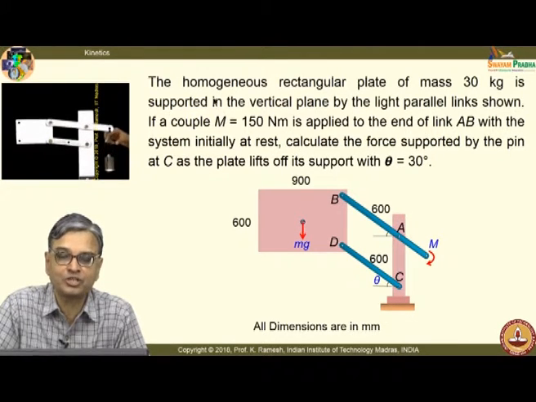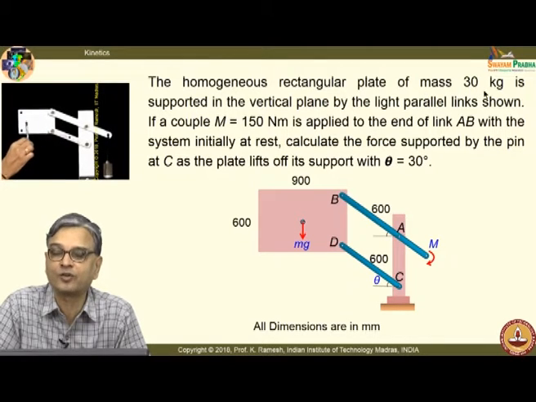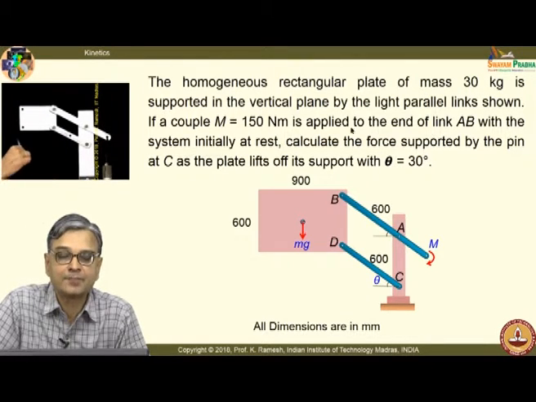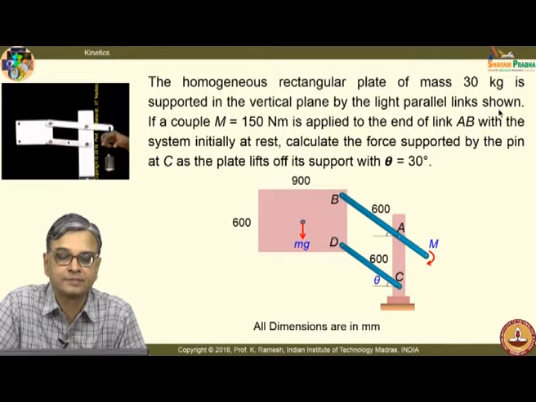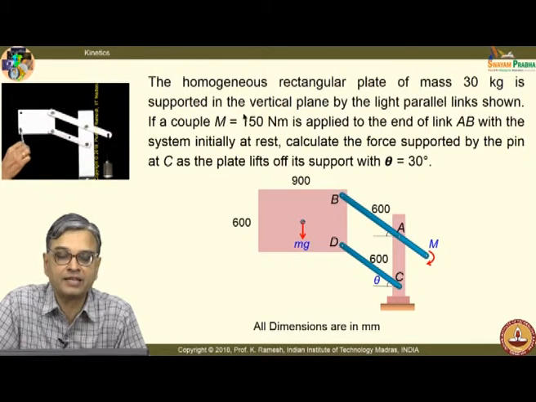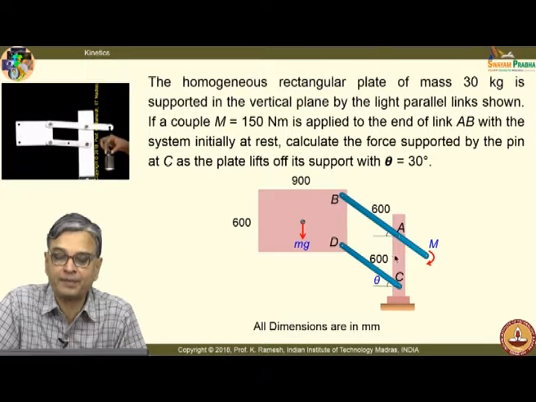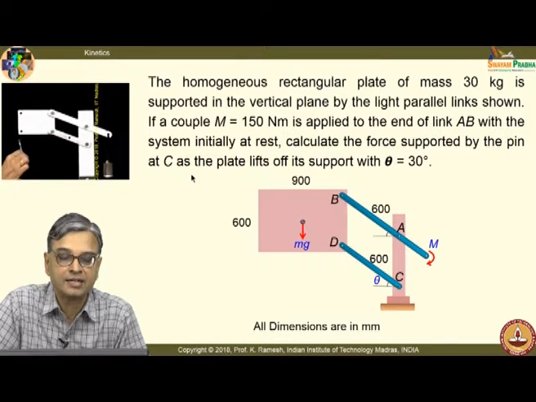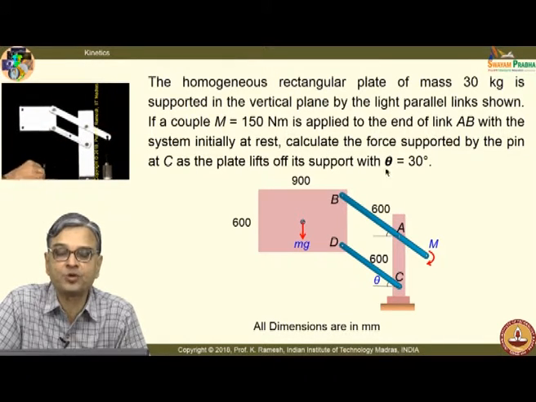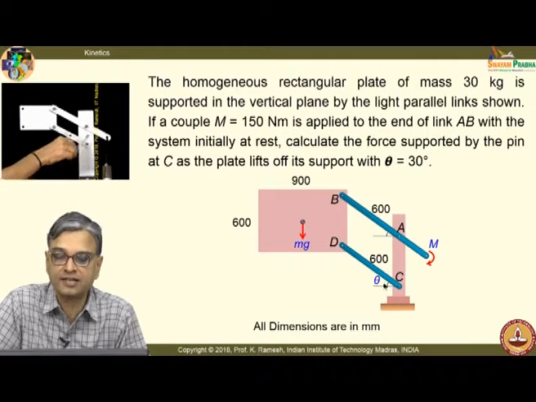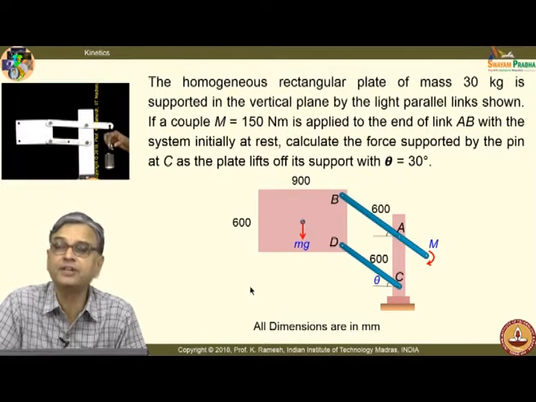You have a homogeneous rectangular plate of mass 30 kilograms, supported in the vertical plane by the light parallel links shown, and you are given the value of the couple that is applied, and you are asked to find out the force supported by the pin at C as the plate lifts off its support with theta equal to 30 degrees. This theta is 30 degrees is what is mentioned.